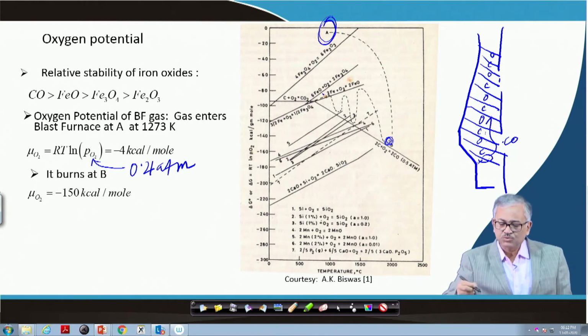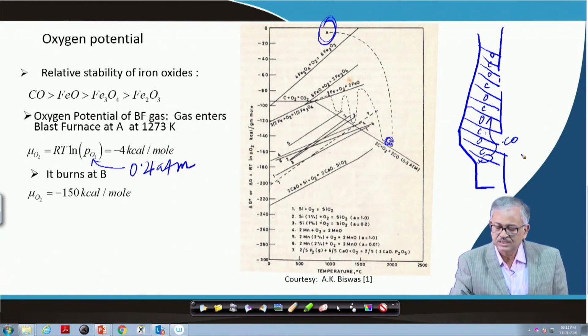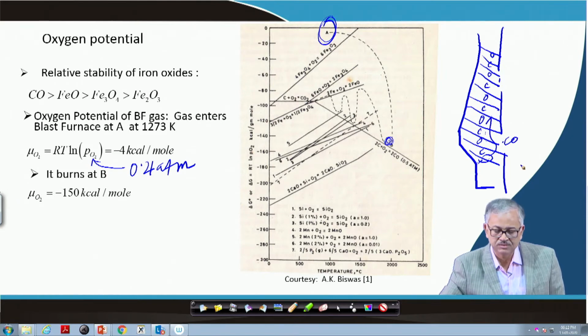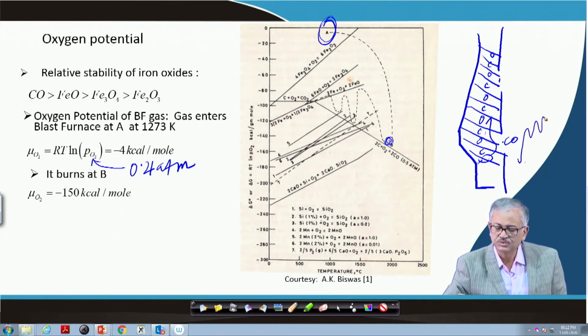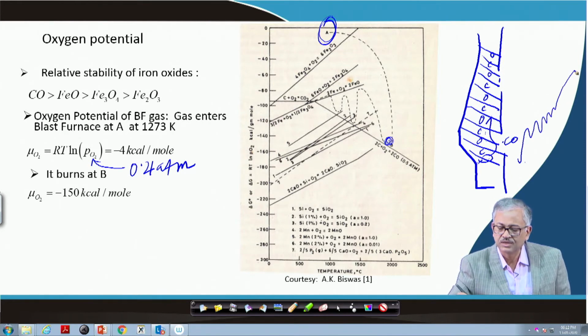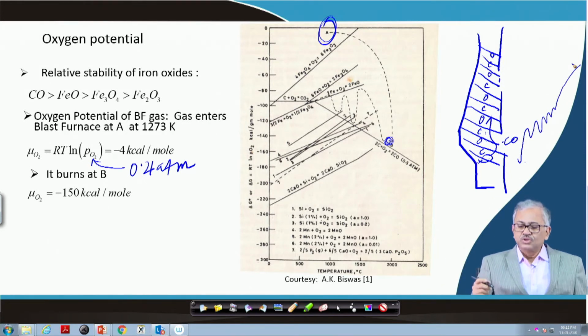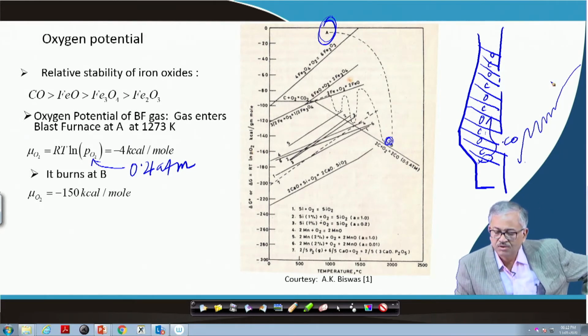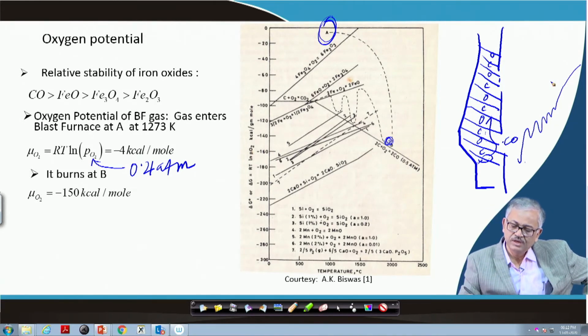So, as the gas moves up, as I said, the oxidation potential is very low here, and then as the gas moves up from here, it moves like this, and then finally it will go like this. So, this is the way your oxidation potential will go, right.